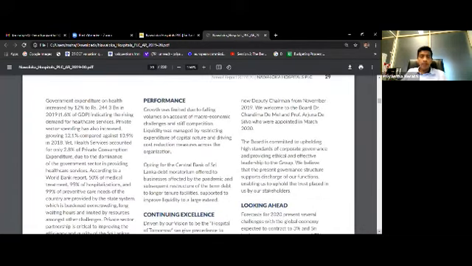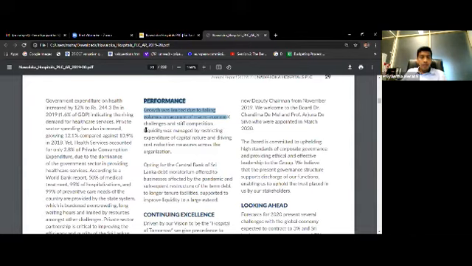Right, performance. Please read this paragraph, this part. Growth was limited due to falling volumes on account of macroeconomic challenges and stiff competition, right? So they give two reasons: one is macroeconomic challenges and the second is competition.